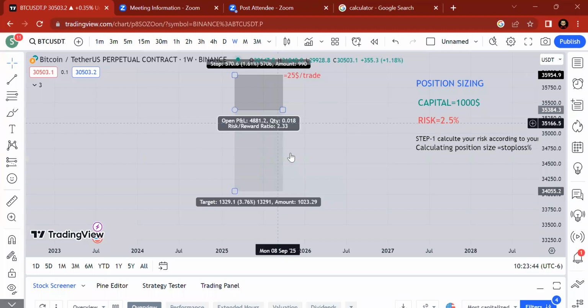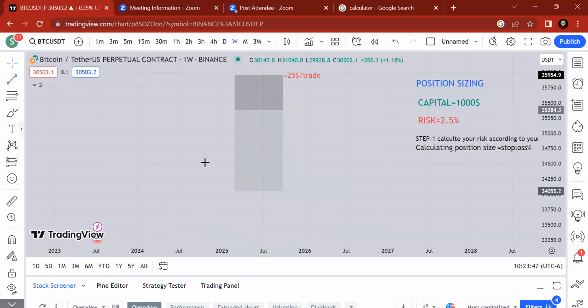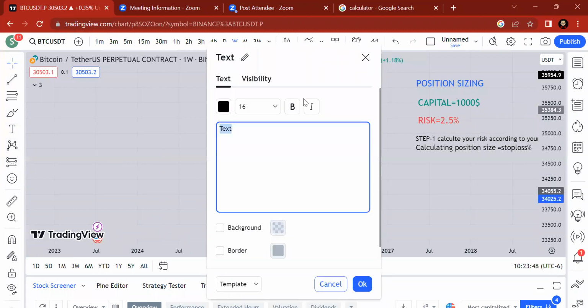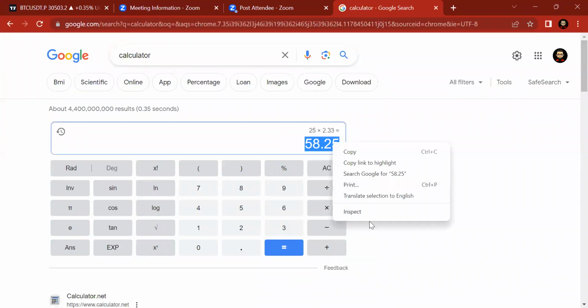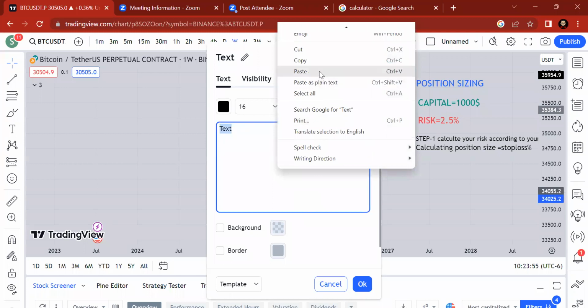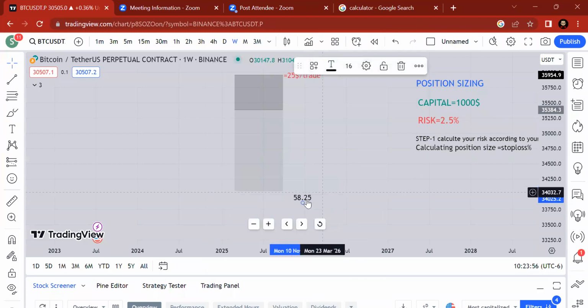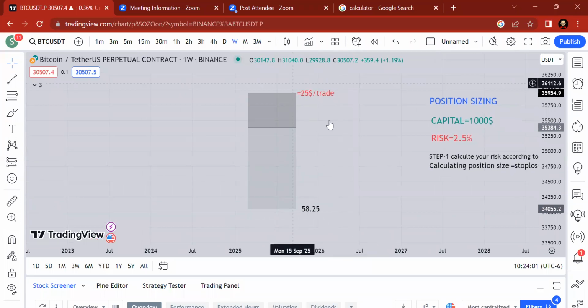So before going into any trade, do you know how much you are risking?